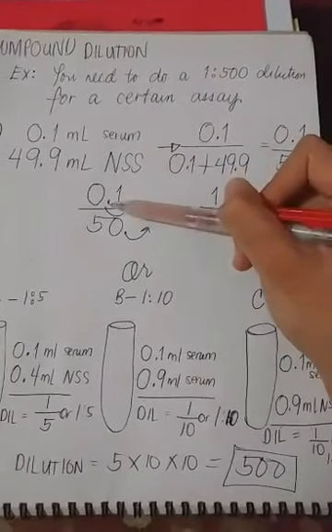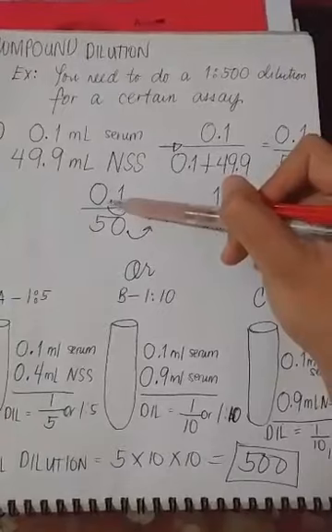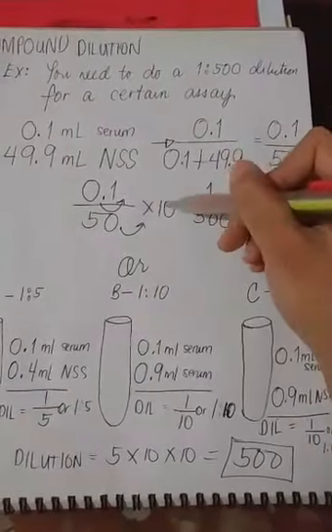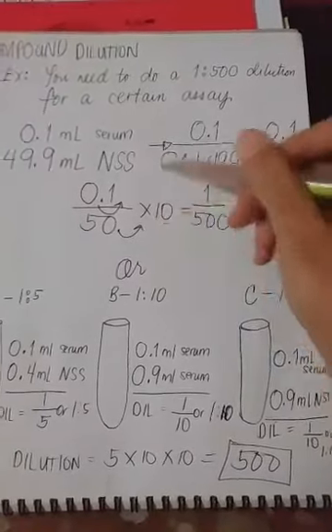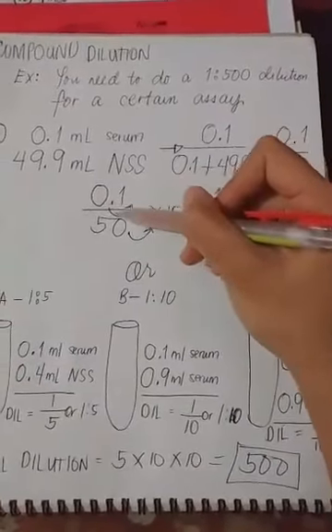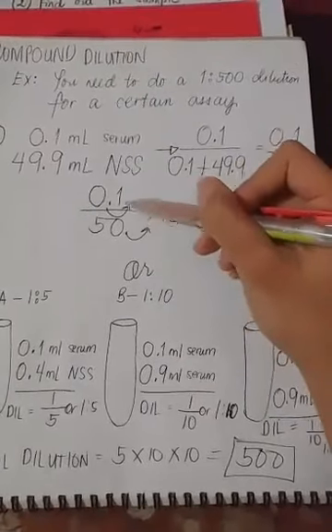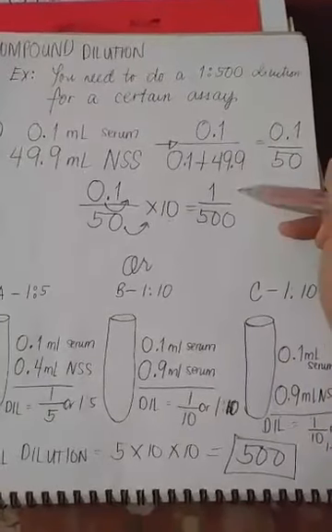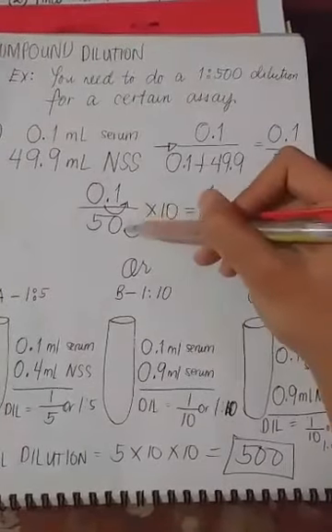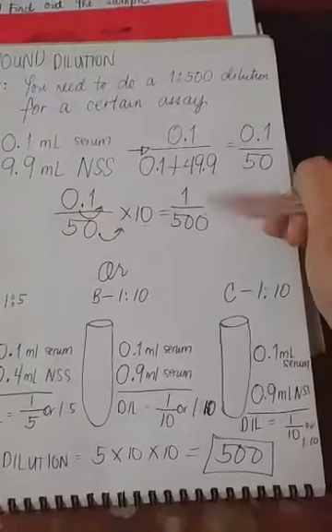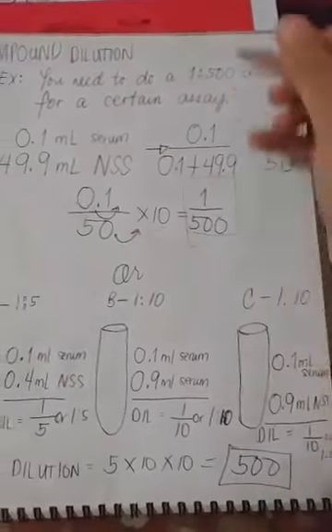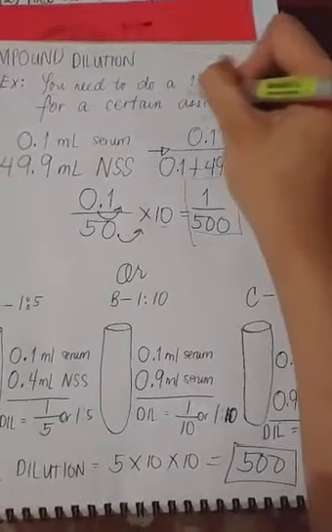So, sabi natin last time, kung ilang beses tayo nag-move ng decimal place, that would be the number of zeros. Okay? So, ang 0.1, para maging whole number, we move 1 decimal place. So, si 0.1 magiging 1. And then si 50, since nagdagdag tayo ng isa, magdadagdag din tayo sa baba, that would be 1:500. So, nakuha natin yung gusto natin na dilution kasi sabi sa assay 1:500.